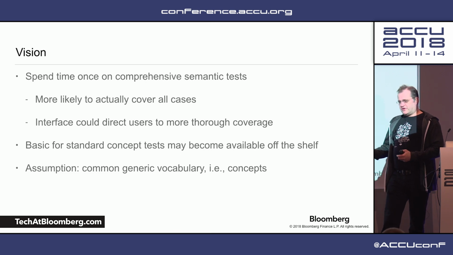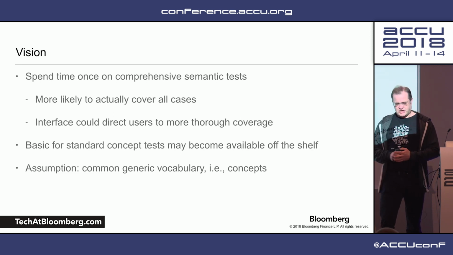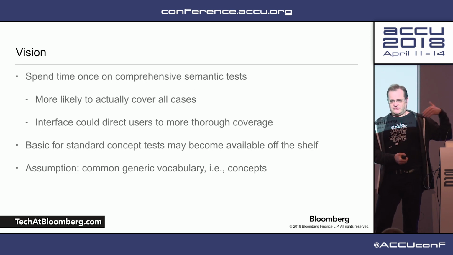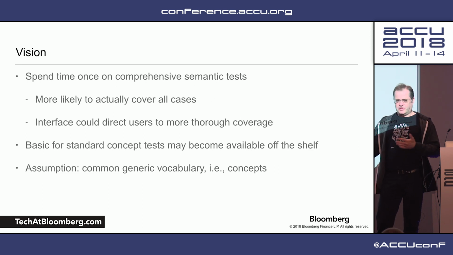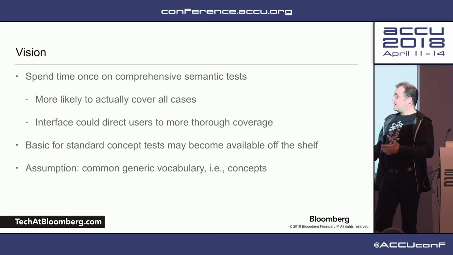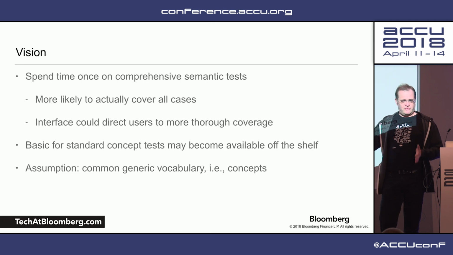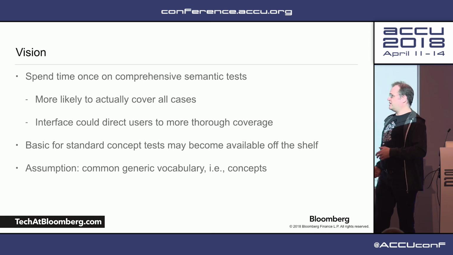So all in all, instead of spending time on individual tests for every class and always rethinking what I need to test for things to be equality comparable, less than comparable, all of that, I would like to spend that time once and then reuse things multiple times. So somebody comes up with actually comprehensive tests for the corresponding concept, and everybody benefits from that being done.